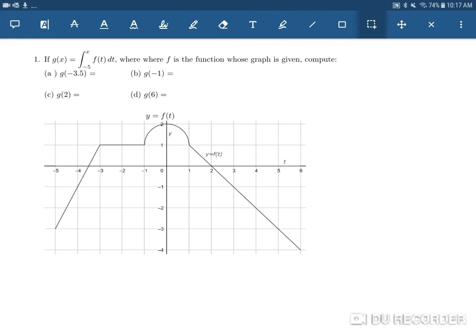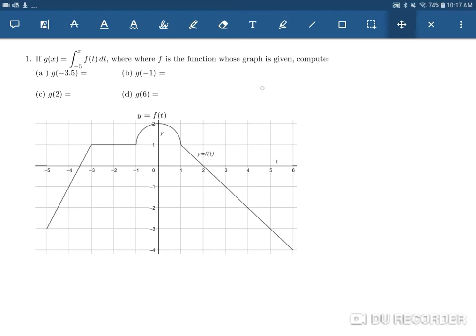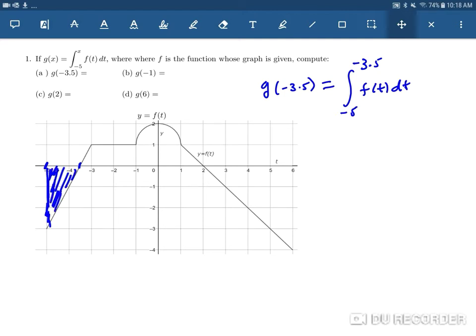All right, so first one is g of -3.5. This is the integral from -5 to -3.5 of f of t dt. Okay, so -5 is here, -3.5 is here, so we want to find this net area.